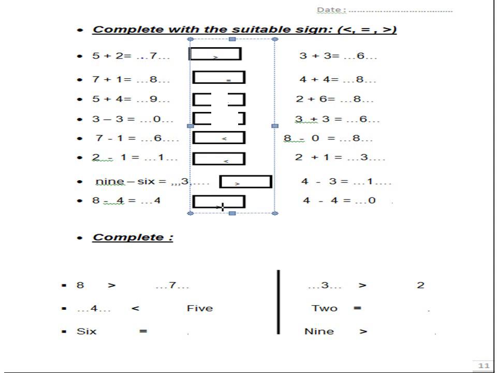Here he gave me 2 in digit and I need to write 2 in letters. He gave me 6 in digit and I need to write 6 in letters. The last one here, he gave me 9. I need a number smaller than 9, it will be 8.